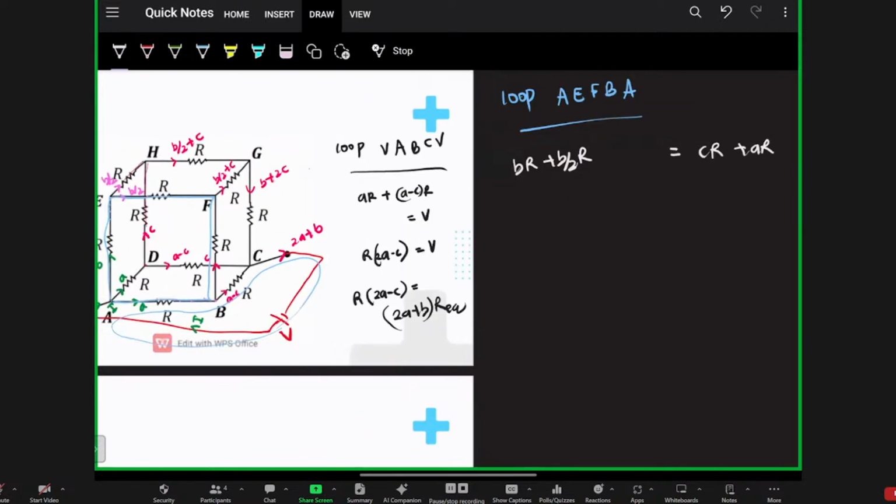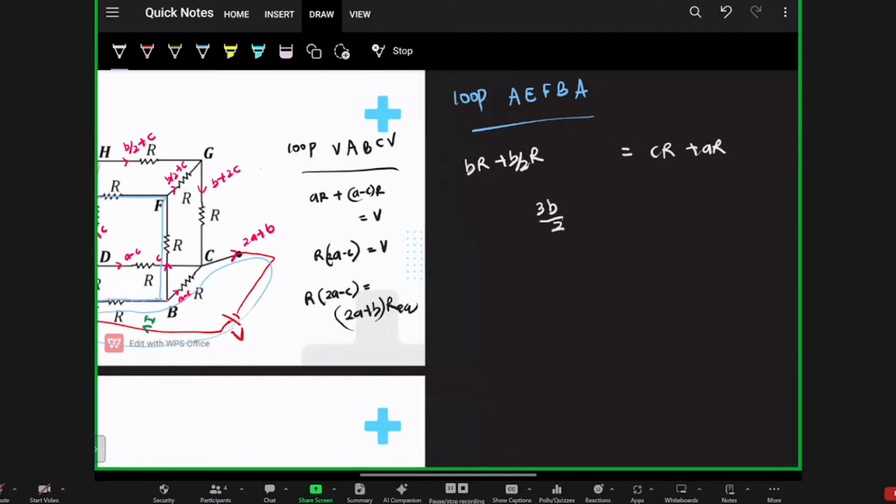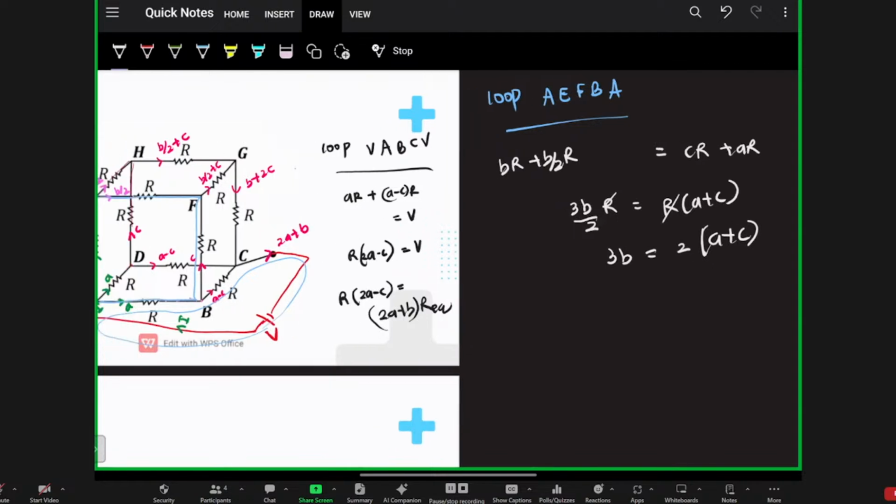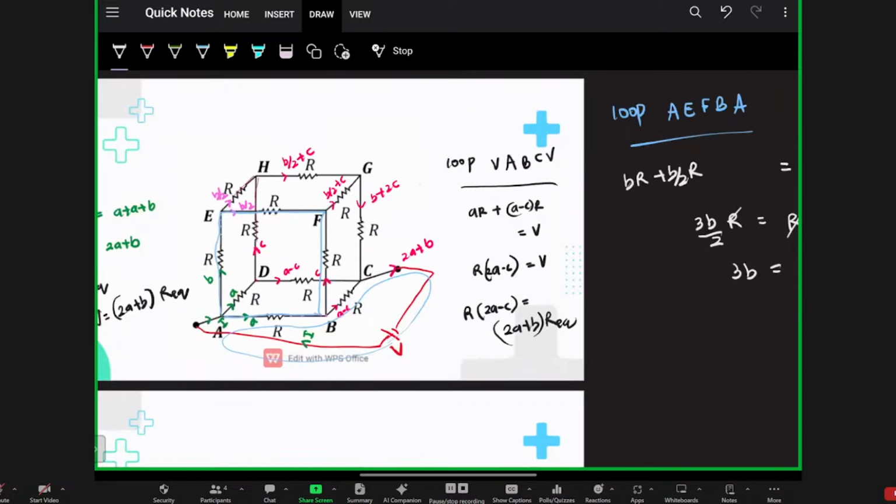So I can write here 3B by 2 R is equal to R into A plus C. Okay, so R we can cancel. 3B by 2 is equal to A plus C, so 3B is equal to 2 into A plus C. Okay, so we have got another equation: 3B is equal to 2 into A plus C.